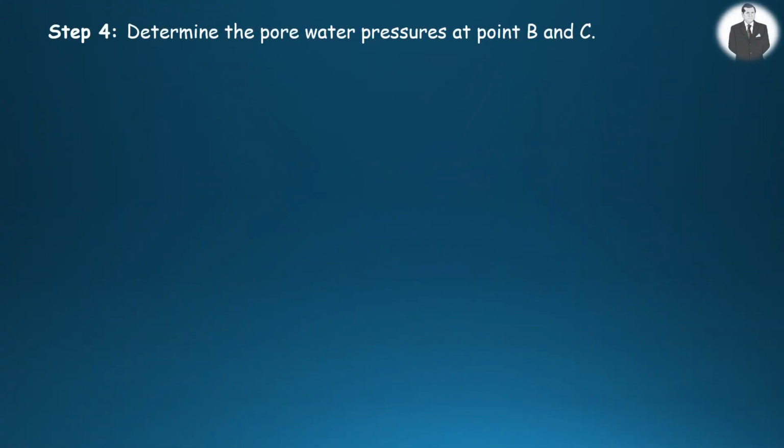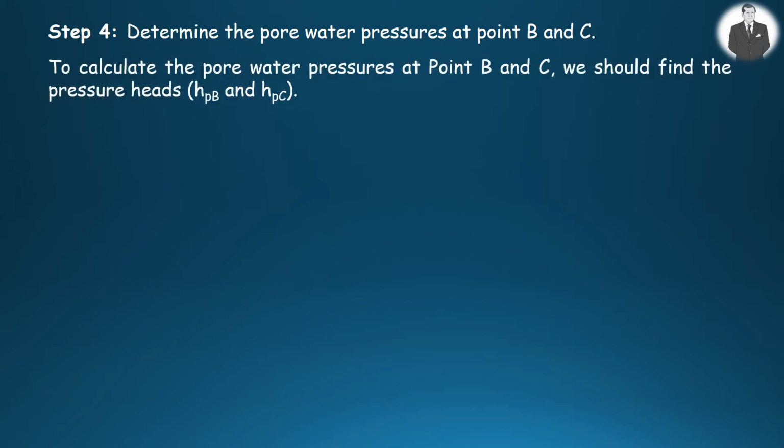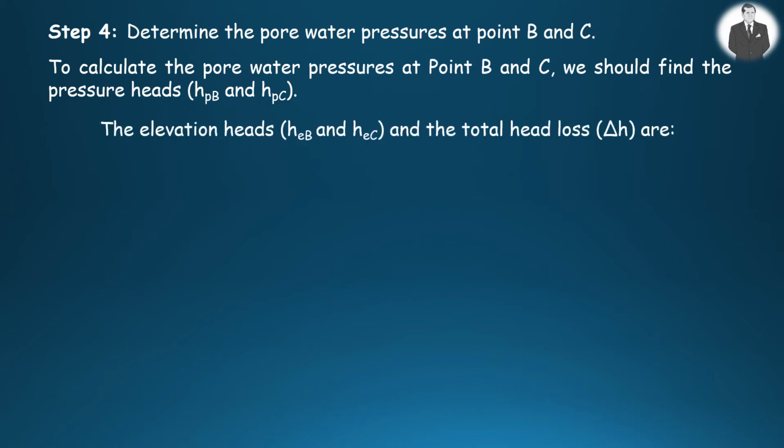Now let us determine the pore water pressures at point B and C. To do this, we first should find the pressure heads at point B and C. For these, the elevation heads and the total head loss should be determined.